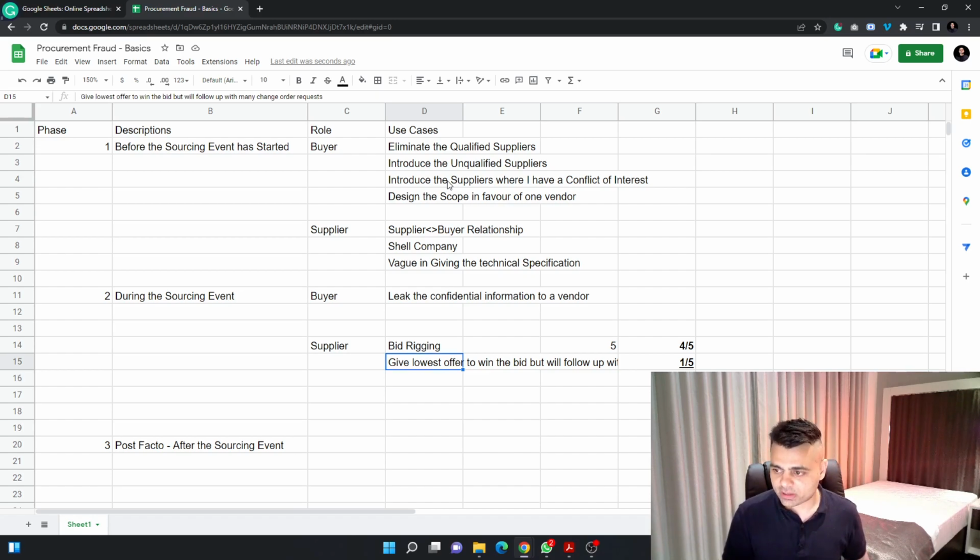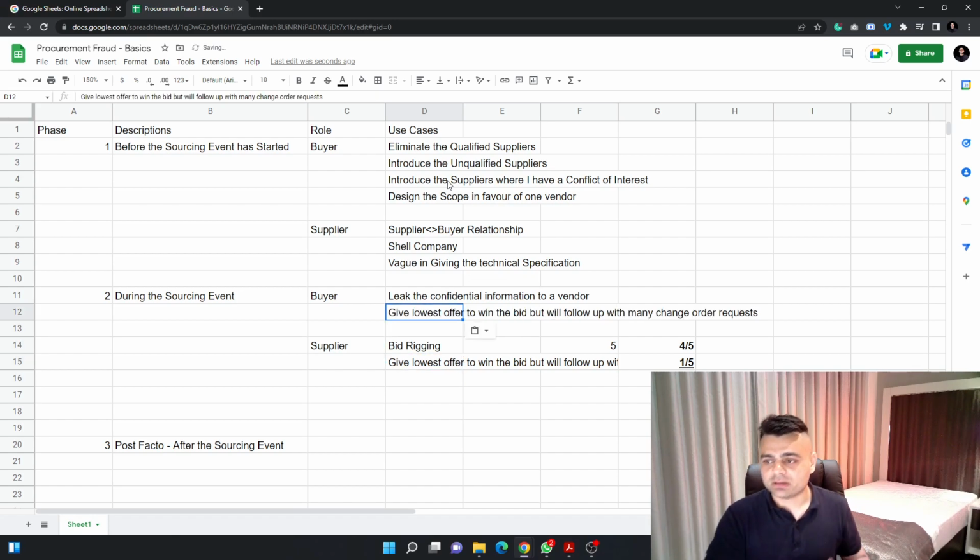And this is where I want to bring this point here. A malicious buyer and a malicious supplier can agree and do a handshake of going to the lowest level first, and then later this malicious buyer will approve the change order request multiple times and ensure it's below the threshold so that no approval is required.